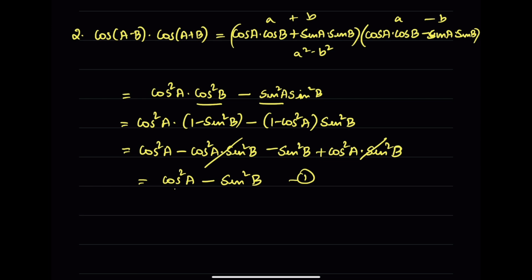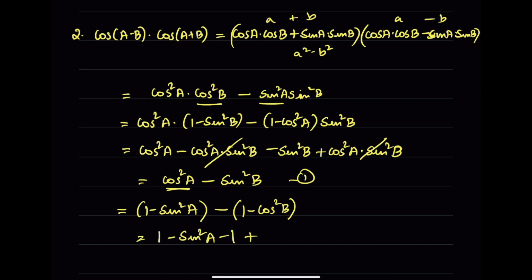Now if we apply the trigonometric identity again, we can achieve the second part, which is cos² b − sin² a. Let's replace cos² a by the trigonometric identity 1 − sin² a, minus, we will change sin² b to 1 − cos² b. So we will have 1 − sin² a − 1 + cos² b.